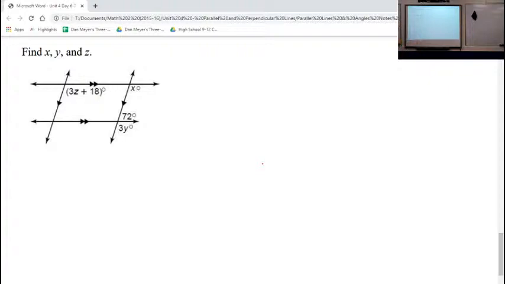And take it one angle at a time. Take the angle that you know, the 72, and try and look at one of the variables. So maybe start with x. So take the x and the 72 and say, okay, what kind of angles are those? I'm going to give you about 30 seconds to think about it before I give away an answer here.